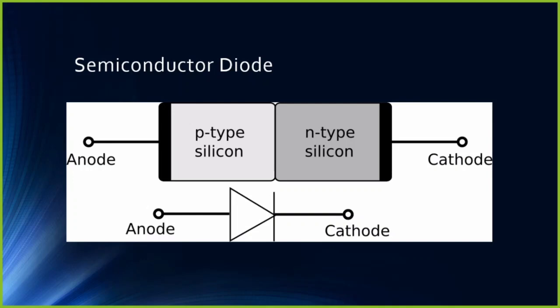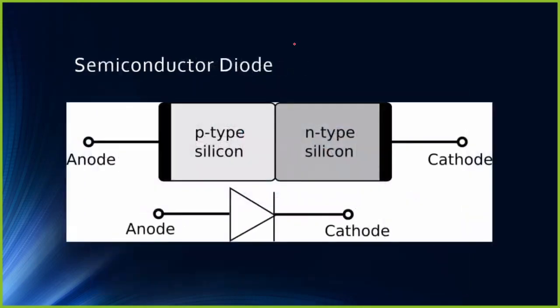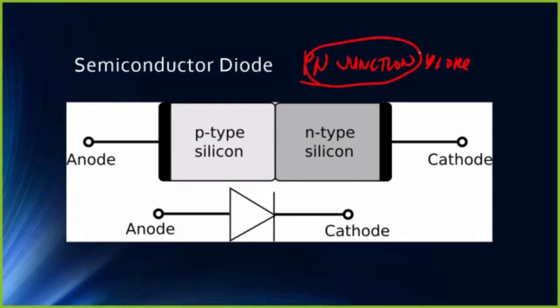So ano bang composition ng isang semiconductor diode? This is also known as PN junction diode. So bakit tinawag na PN junction diode? Mas maintindihan niyo itong PN junction diode kumpara sa semiconductor diode.